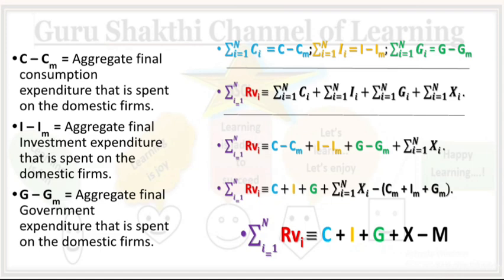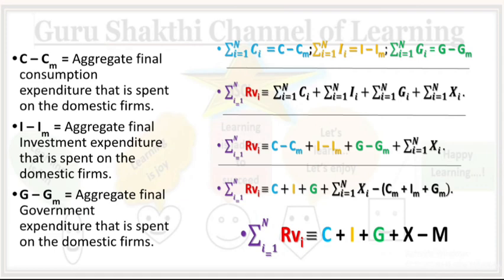Second equation depicts the sum total of final expenditures received by the firms. The third equation is eliminating the value of imports.